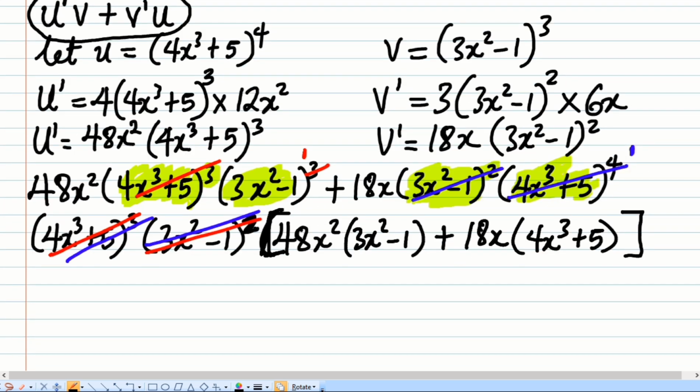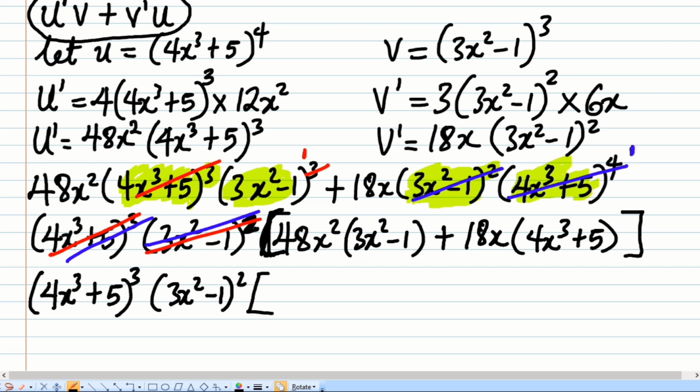I'm going to write our common terms again, which is 4s cubed plus 5 raised to power 3 multiplied by 3s squared minus 1 raised to power 2, and then all multiplied by 48s squared into 3s squared minus 1 plus 18x into 4s cubed plus 5.